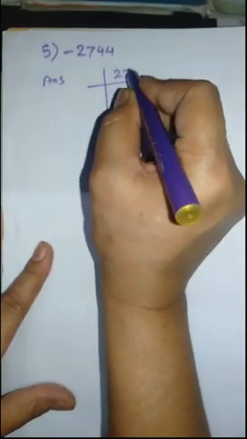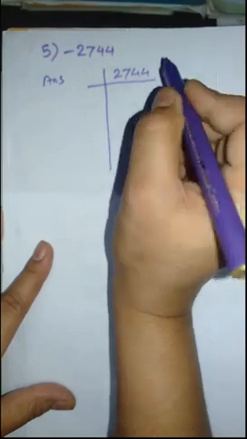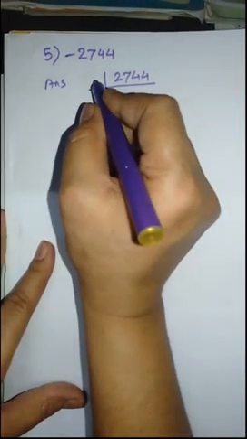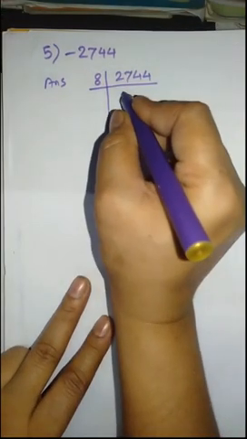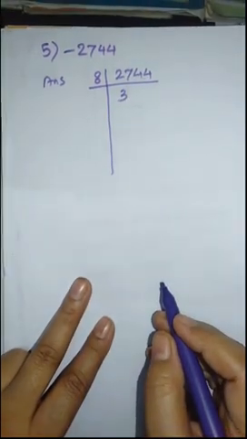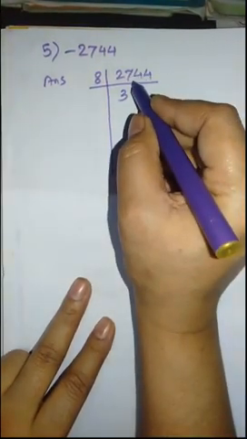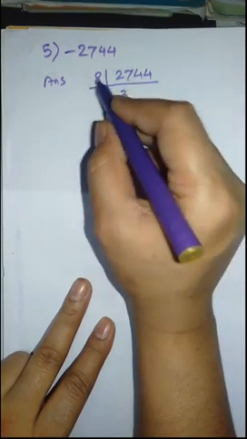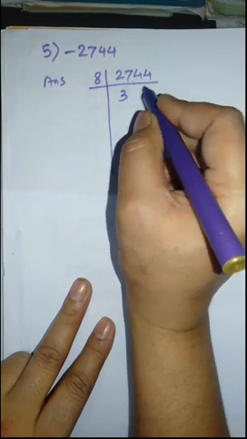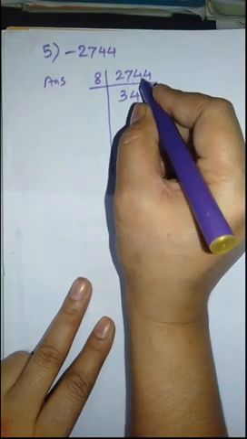2744 is an even number, so it is divisible by 4, means it must be divisible by 8. So we directly divide by 8. So 8 3s are 24. Remainder is 3. So remaining number becomes 34. 8 4s are 32. Remainder is 2.